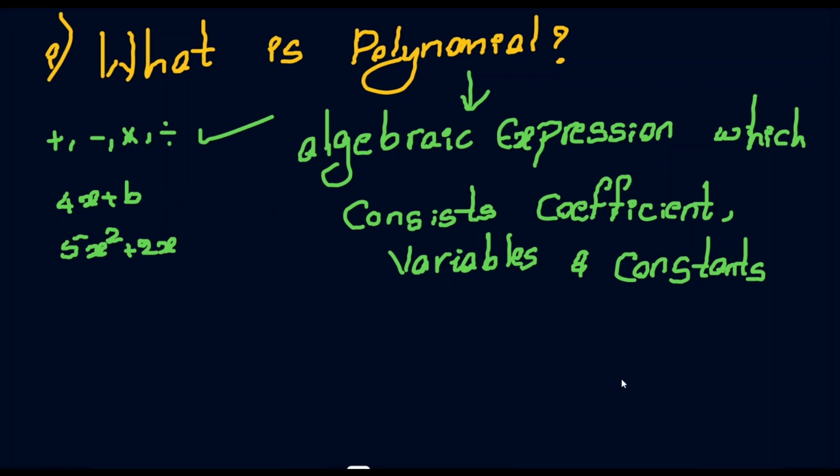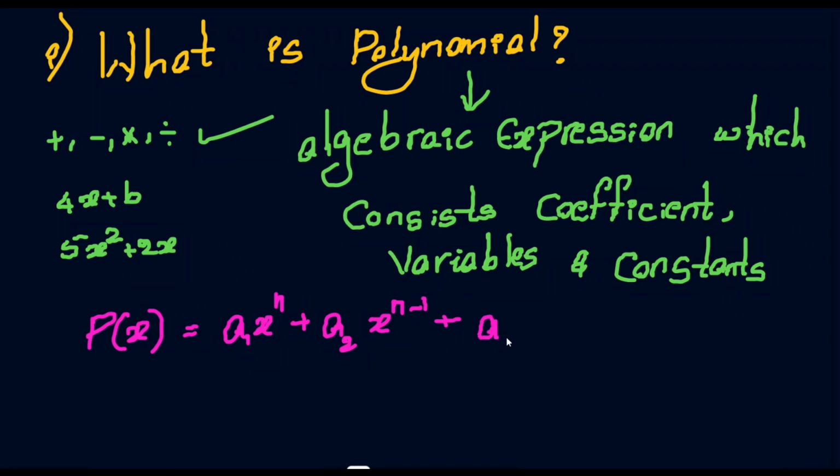How does it look? The polynomial looks like this. This is the basic default polynomial expression. It looks like a0 x power n plus a1 x power n minus 1, and so on. As we go further, this power of x keeps on decreasing: a2 x power n minus 2, and so on, and at the end we have an x power 0.